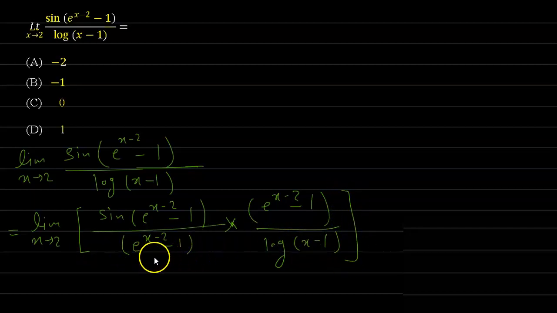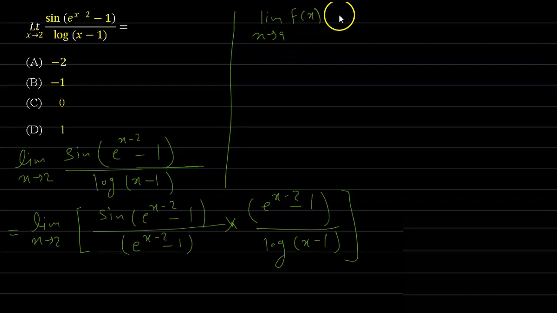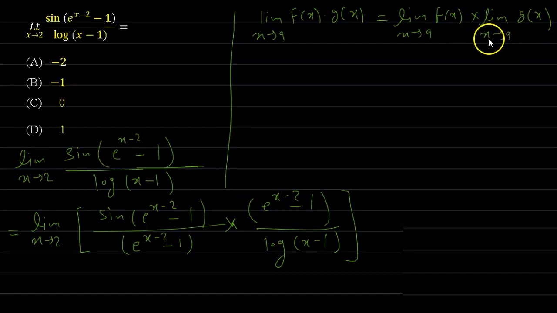Now to solve further, apply the limit property: limit x tends to a, f(x) multiplied by g(x) is equal to limit x tends to a f(x) multiplied by limit x tends to a g(x).